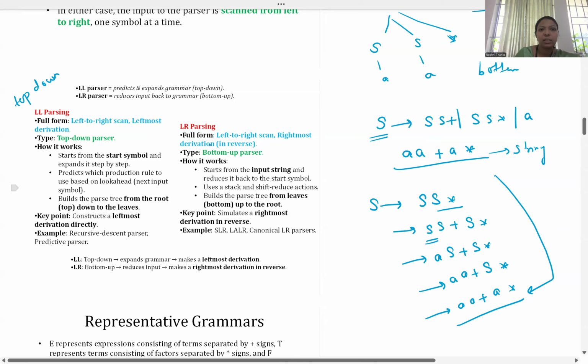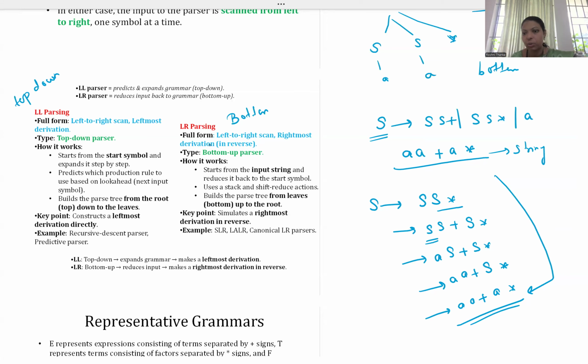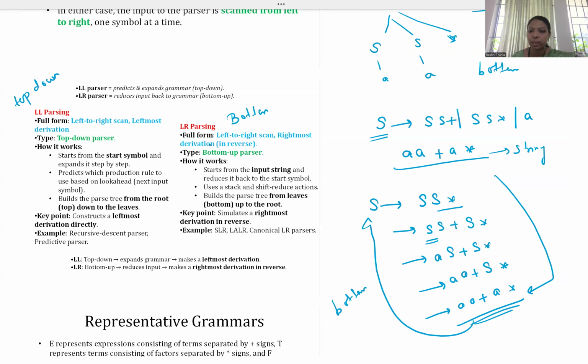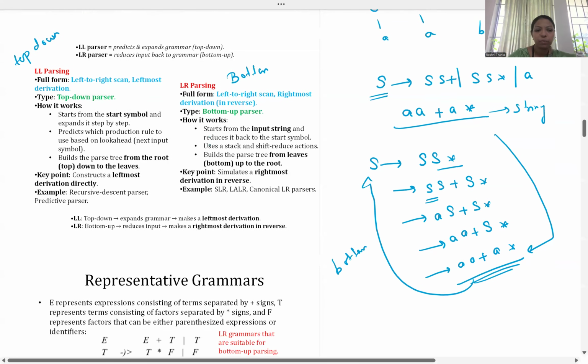Already I have told you what top-down and bottom-up are. Bottom-up means from the string, it will go to the root node. That is why we call it rightmost derivation in reverse. We are going in reverse, right? So I hope you can understand.